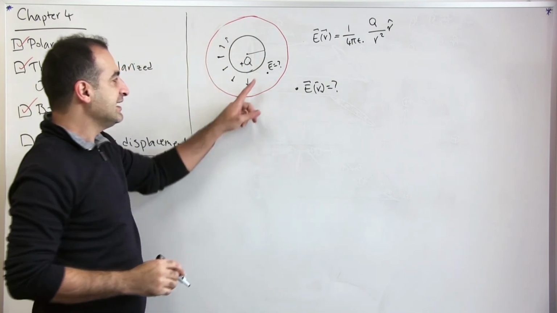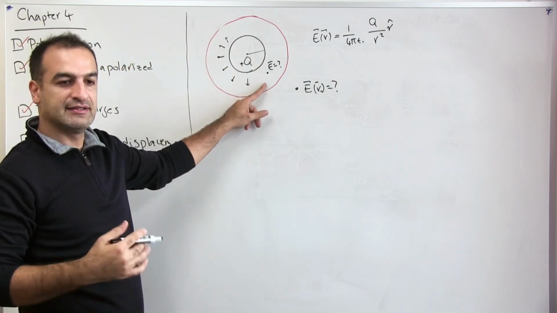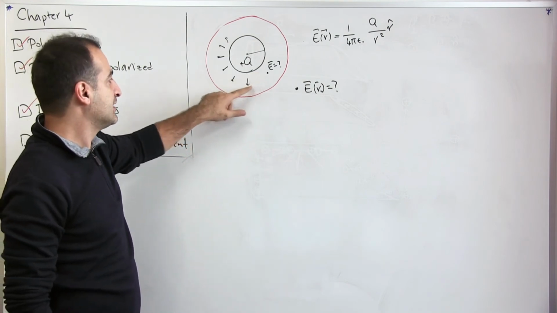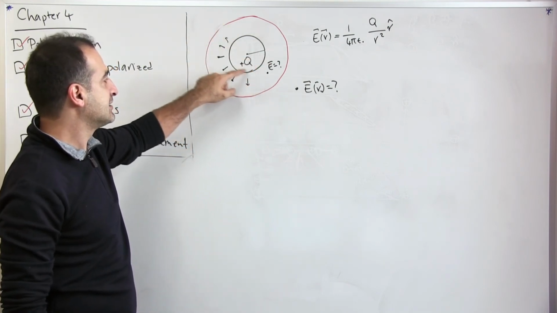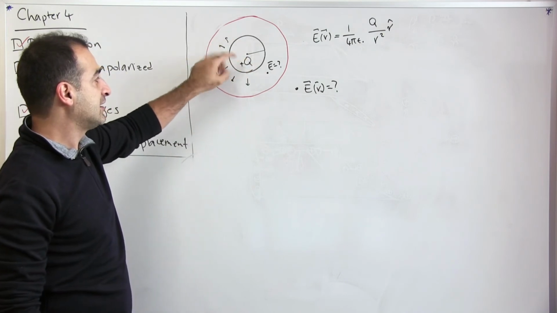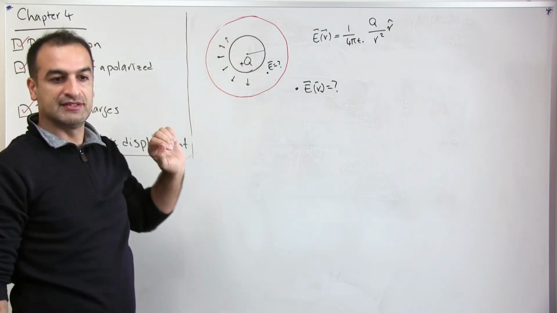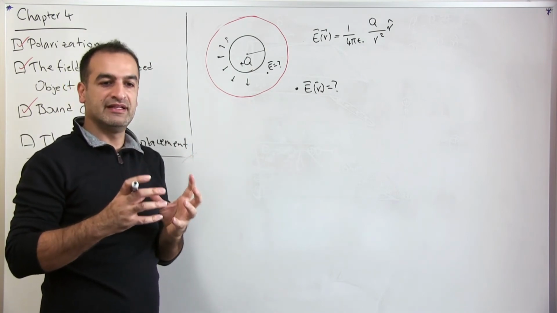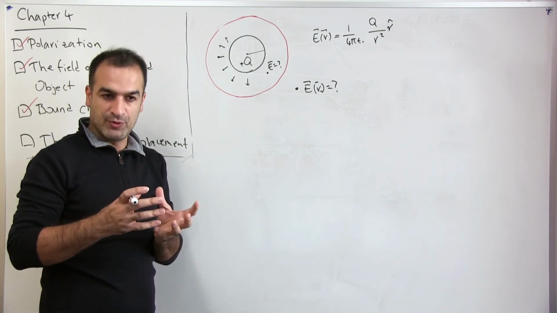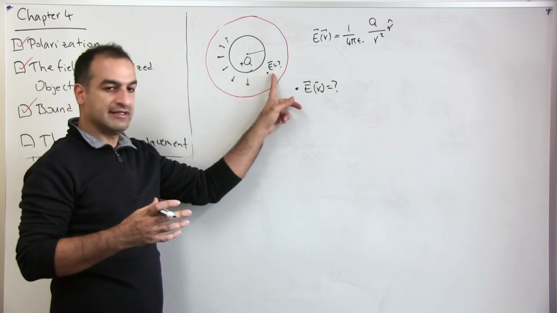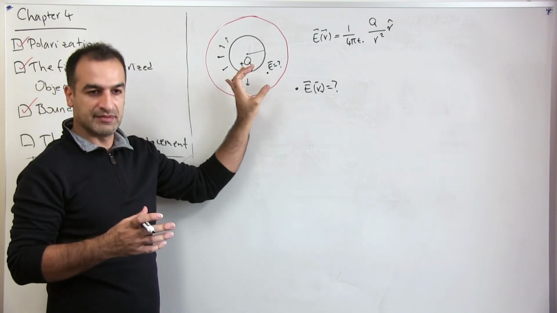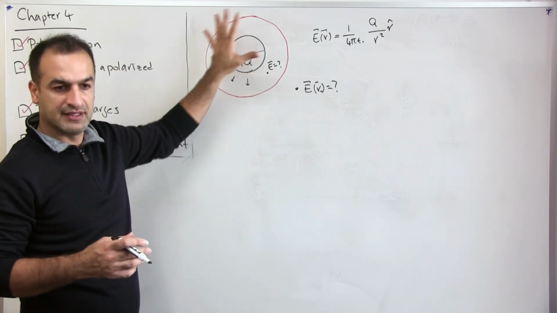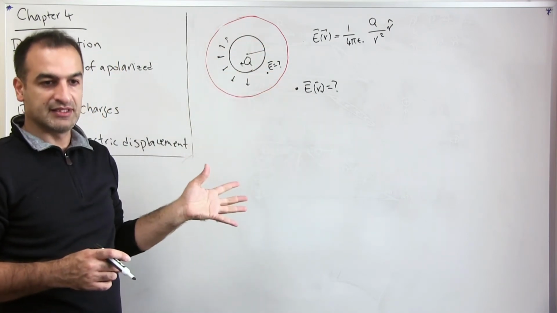So the electric field we get inside is a result of the polarization of the material, as well as the result of the electric field created by this charge. Because of that, we get an electric field that is most likely in the same direction but with different strength inside the material. And once we come outside, the effect of this dielectric material disappears.